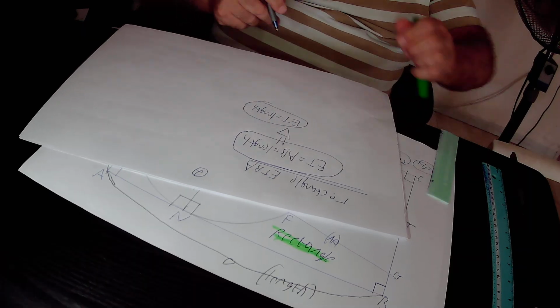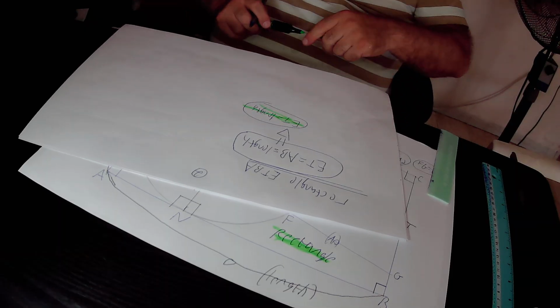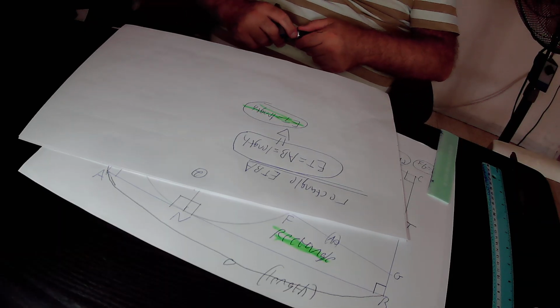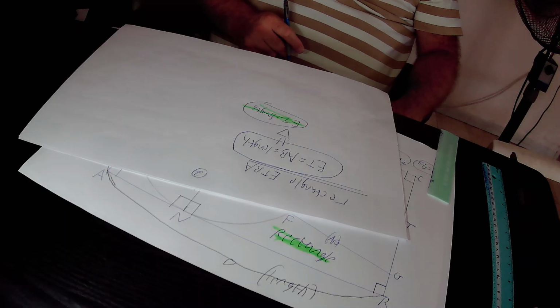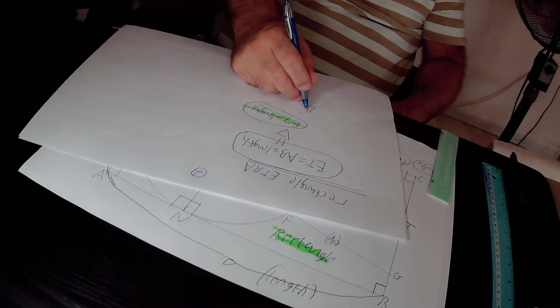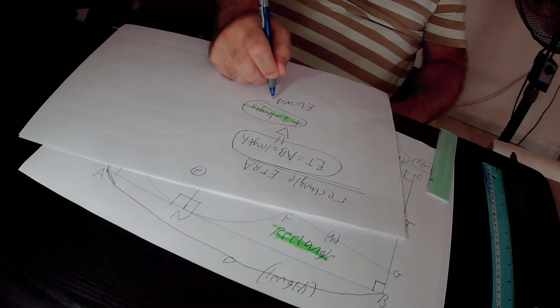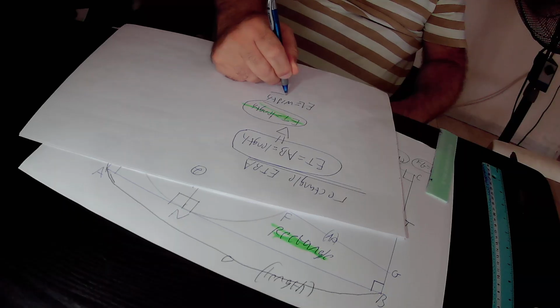So if we found out that ET is the length of rectangle ABCD, we already found out that EL is the width of the same rectangle ABCD. EL is the width of rectangle ABCD.